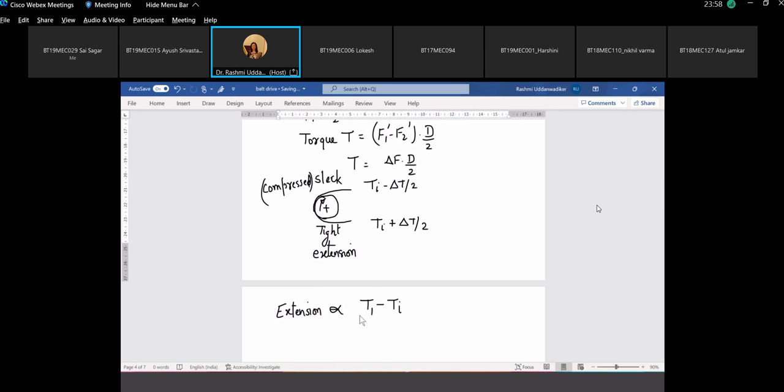So the total extension is proportional to T1 minus Ti, or I can write this as some constant K into T1 minus Ti.